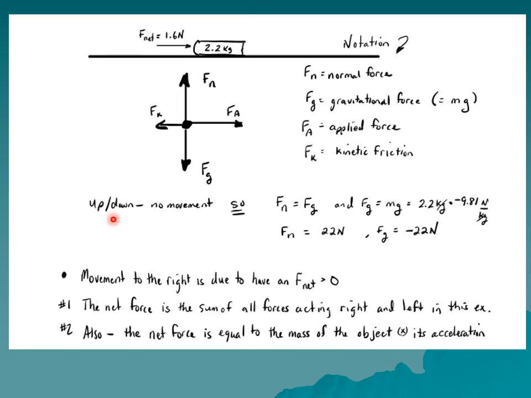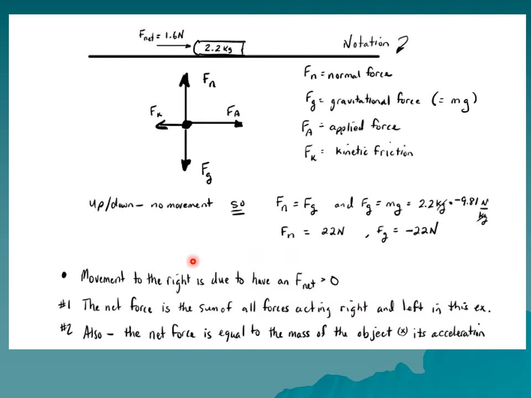Okay, so in the up-down direction, there is no movement. So what I do know is that the normal force must equal the gravitational force, of course, in the opposite direction. I know the force of gravity is equal to mass times gravity, and I know the mass of the book. So 2.2 kilograms multiplied by negative 9.81 newtons per kilogram gives me a normal force of 22 newtons, and the force of gravity in the downwards direction is also then known as negative 22 newtons.